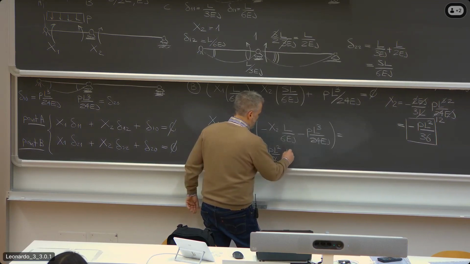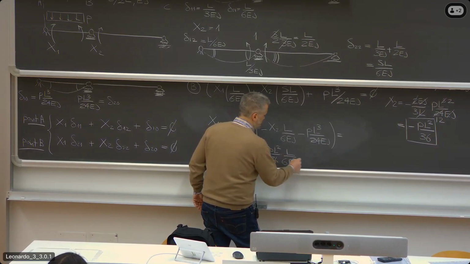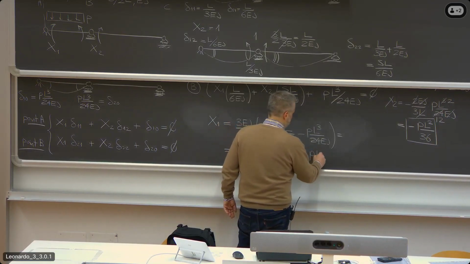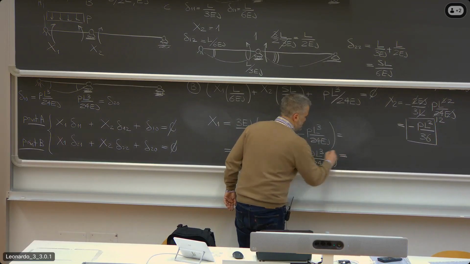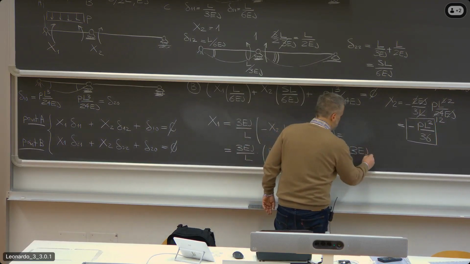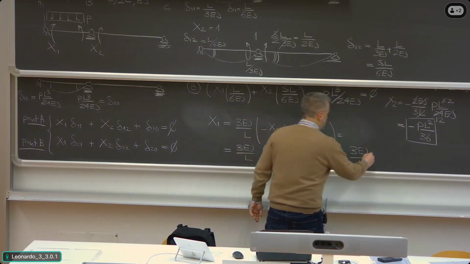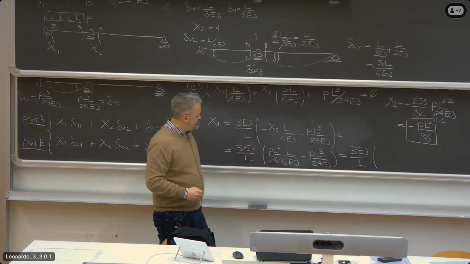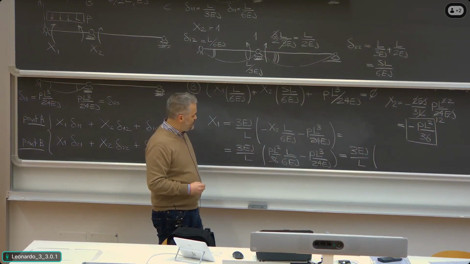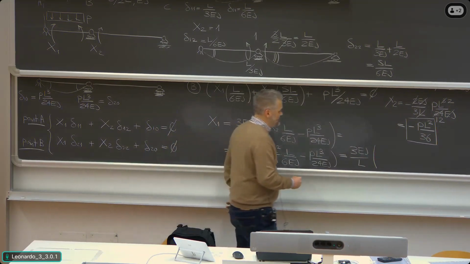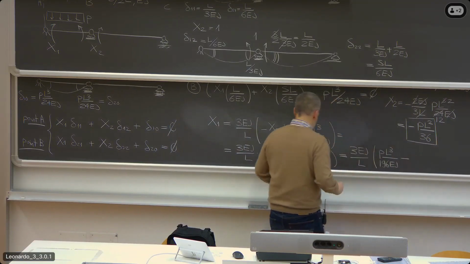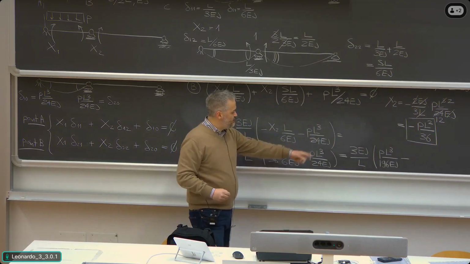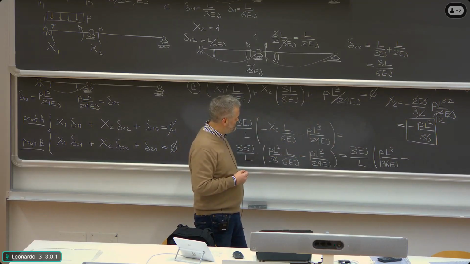Multiplied by L divided by 6EJ minus PL to the power of 3 divided by 24EJ is equal to 3EJ times L. This becomes 6 times 36 is basically 196. So what you have here is PL to the power of 3 divided by 196EJ minus how many times is 24 in 196?